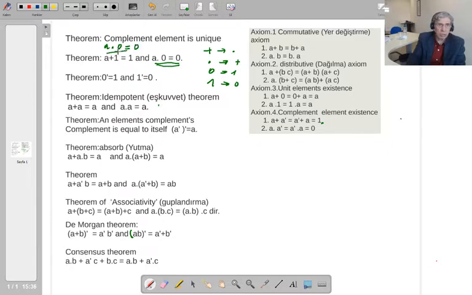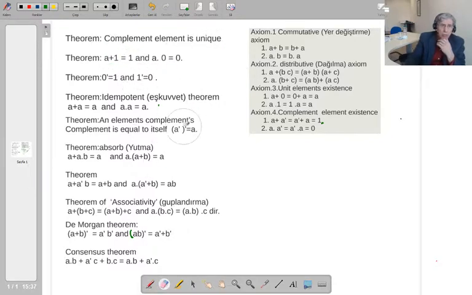So that is the dual of this here. I proved this, so the dual is also proved. Okay, that was the third theorem we proved.